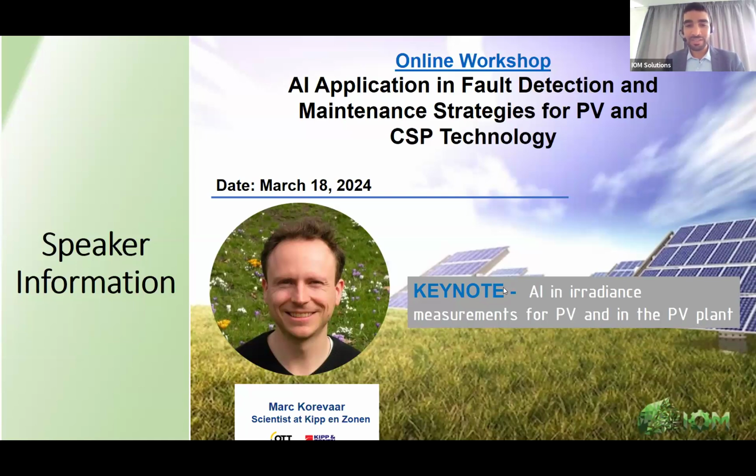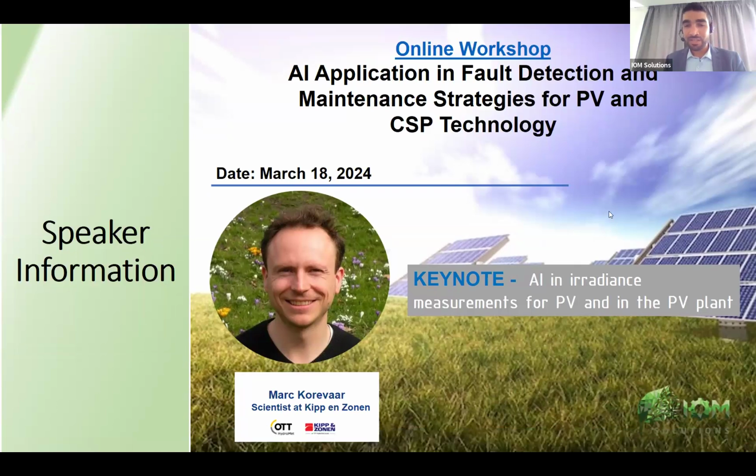Kipp & Zonen is a leading manufacturer of measurement instruments for meteorology and solar energy. Mr. Marc will present artificial intelligence measurements in irradiance for solar photovoltaic and solar CSP. So Mr. Marc, please, the floor is yours.